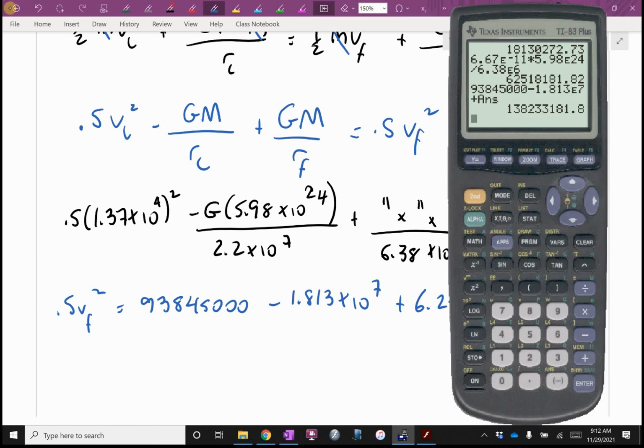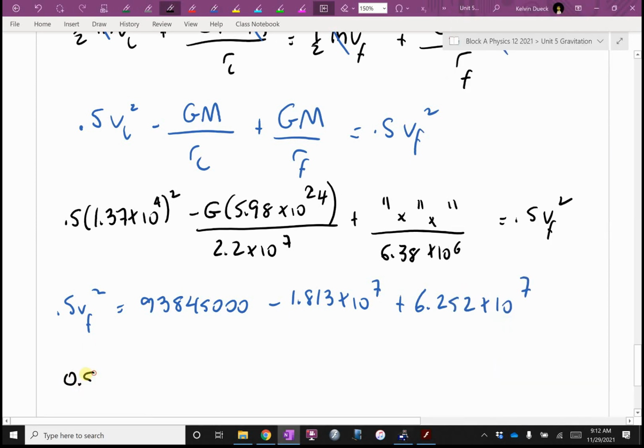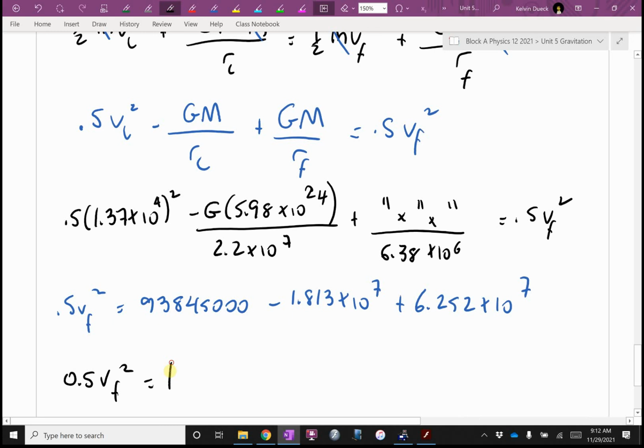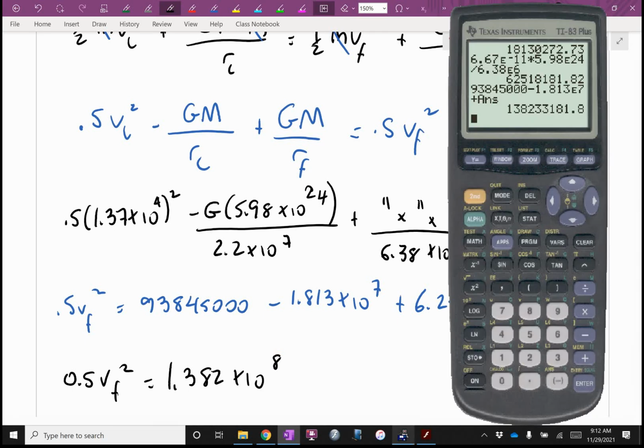I get 0.5 v final squared equals 1.382 times 10 to the 8th. And now I would either divide by 0.5 or times by 2, square root of that. Do you get 16,600?